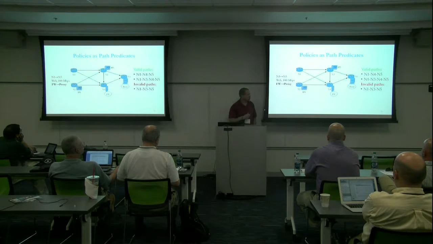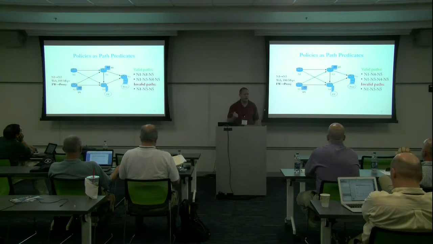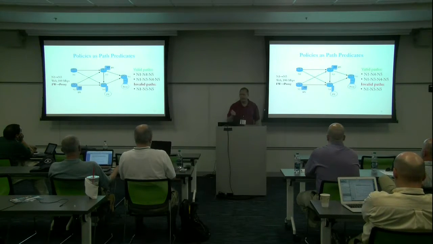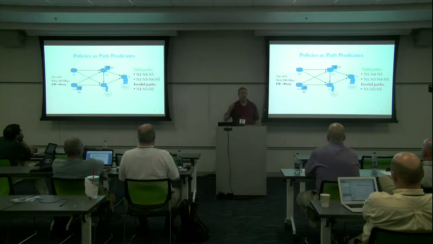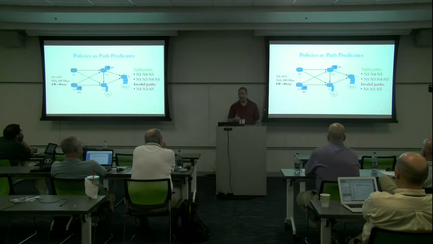We can easily write down a little predicate that evaluates, given a path, whether you're happy with the traffic of this class having taken that path. It tests: is there a firewall on the path? And if so, is it followed by a proxy? If the answer is yes in both cases, we'll give it a thumbs up. We'll be happy with that path.